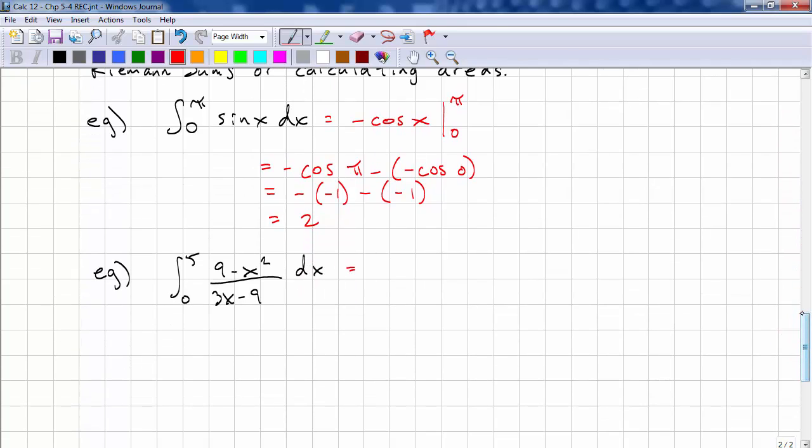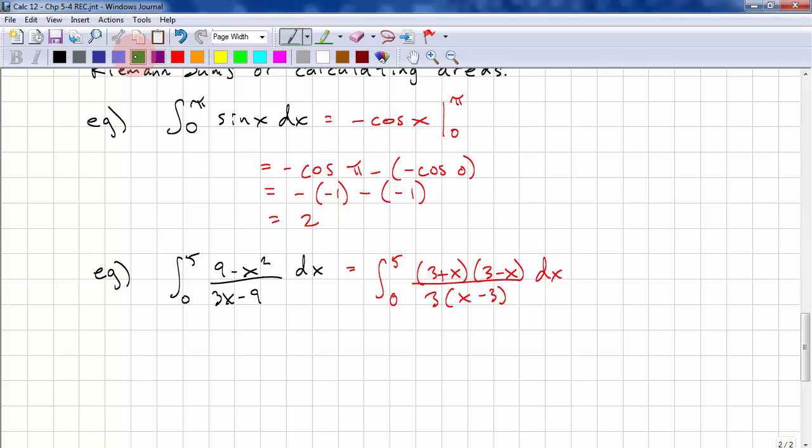Let's look at another example. We need to factor this. 0 to 5. We have 3 plus x, and we have 3 minus x, and we have 3, and we have x minus 3 dx.